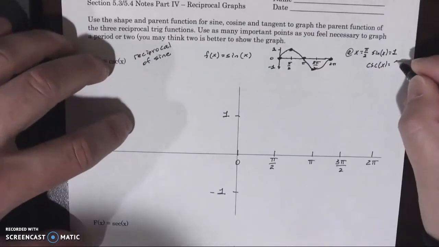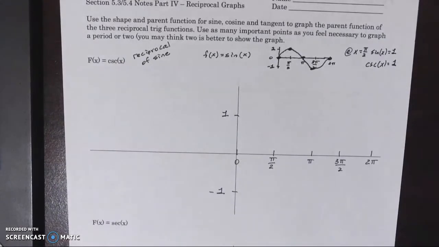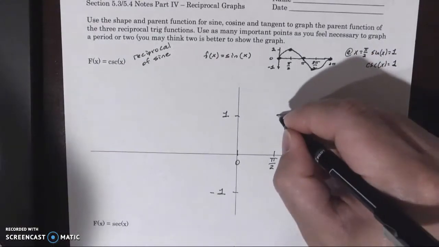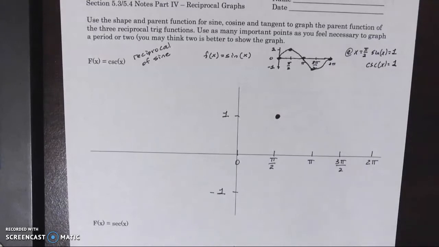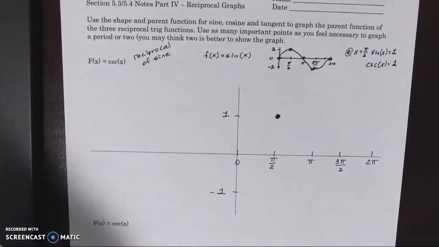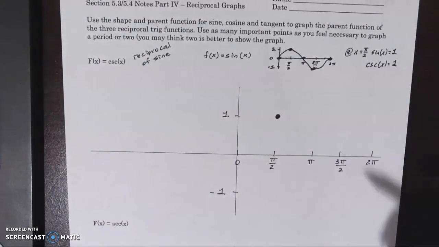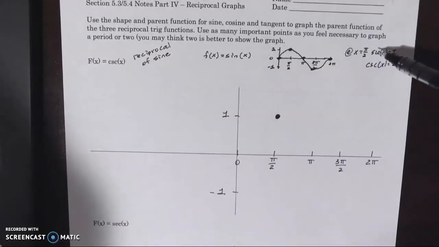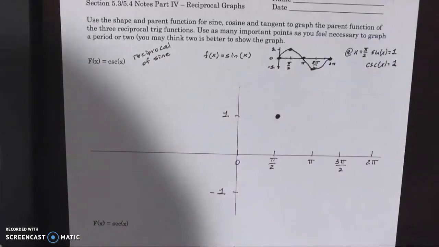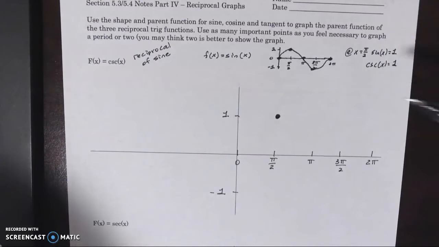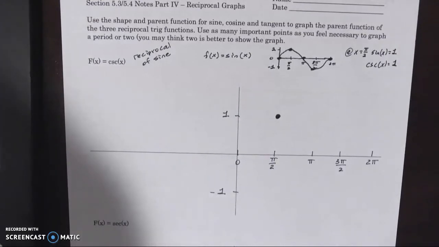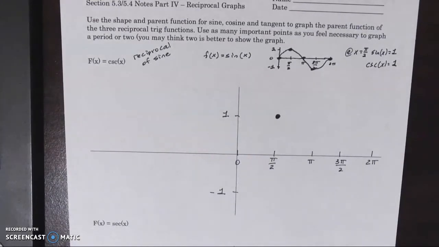Well, lucky for us, it is also 1. So just like the sine graph, we will have a point at 1. And in fact, anytime a function has a point at y equals 1, its reciprocal function will also have a point at y equals 1. No matter what function, no matter what it looks like, that makes a lot of sense because we know what the word reciprocal means.